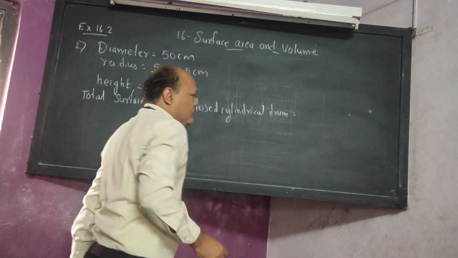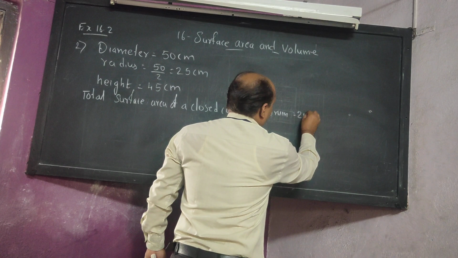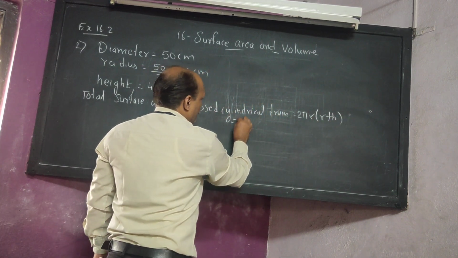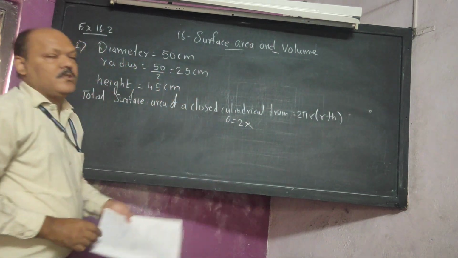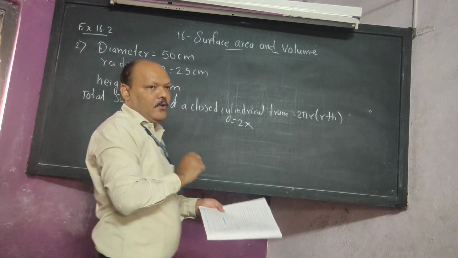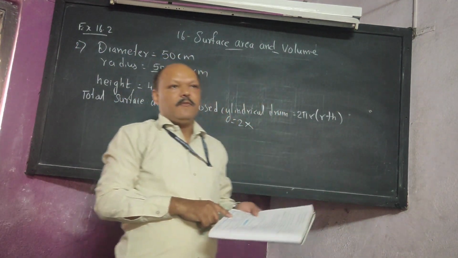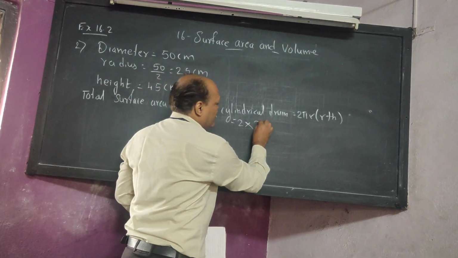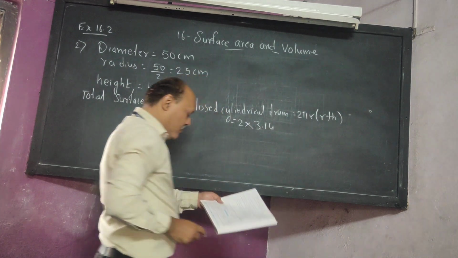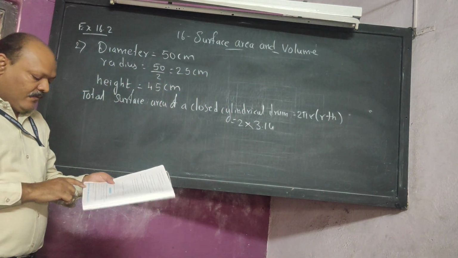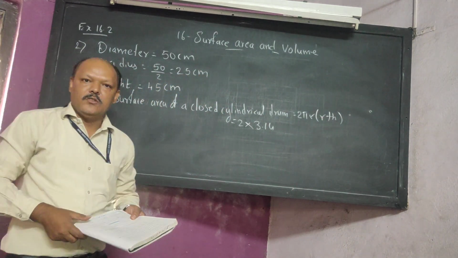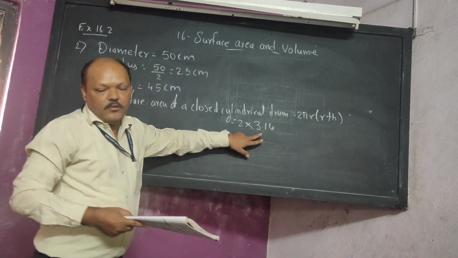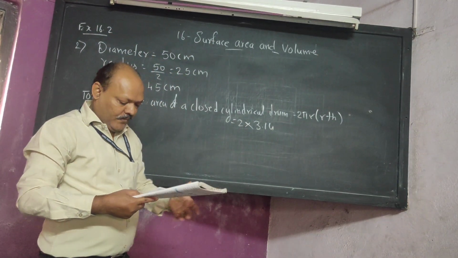The formula to find total surface area is 2 pi r bracket r plus h. That is 2 into, here in this question the value of pi is already given to you. So whatever value of pi is given in the textbook, that only value we have to use. So here we will use 3.14. Previously we were using 22 upon 7, but here the value of pi we are using is 3.14.